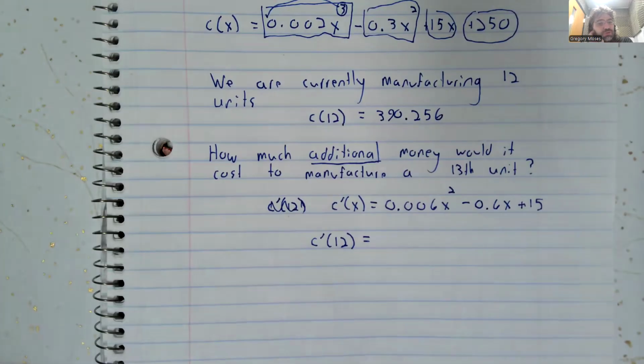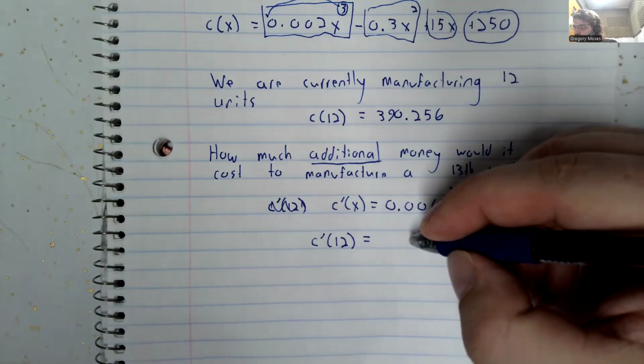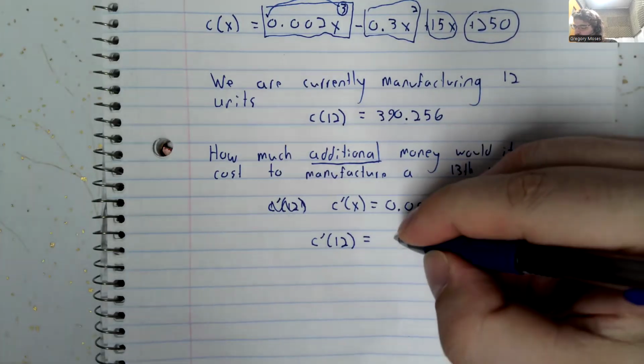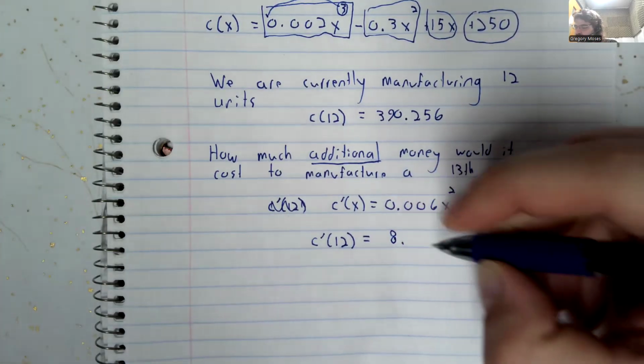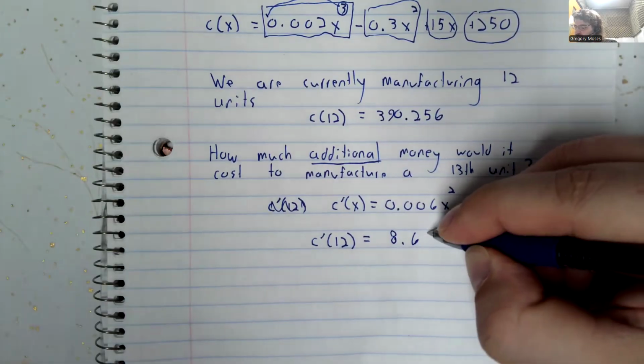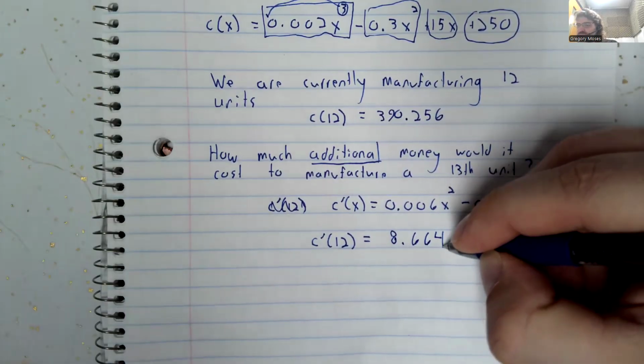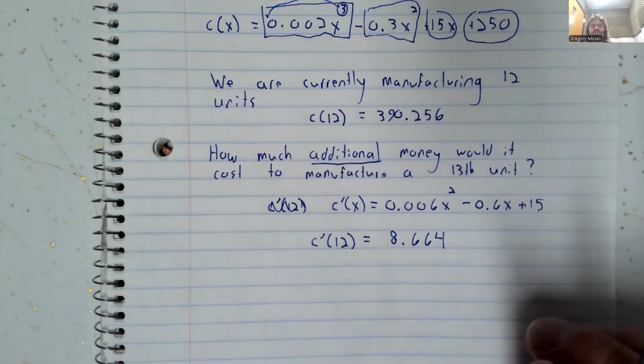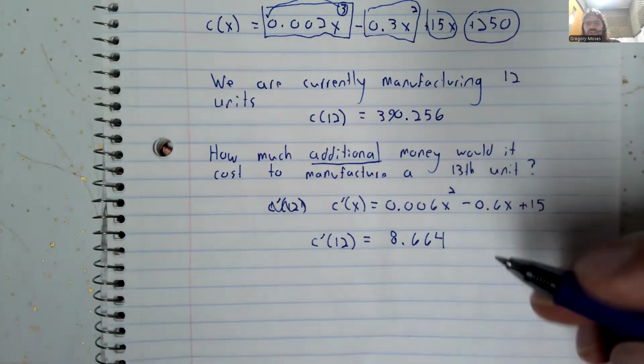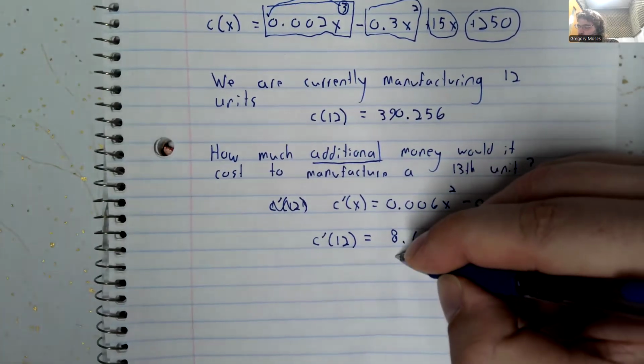And C prime of 12, I just did this off screen, is 8.664. This is an approximation.